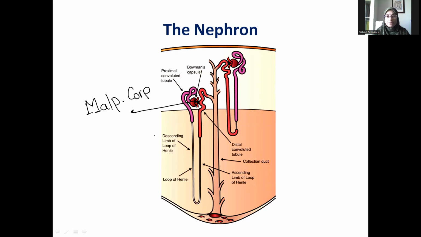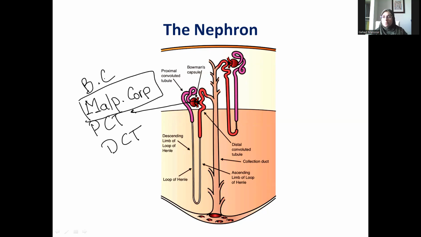And then you have the PCT and the DCT. Actually, we shouldn't say Malpighian corpuscle. We should say Bowman's capsule, because the glomerulus is not a part of the nephron.